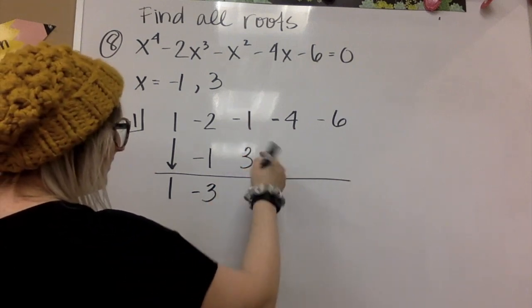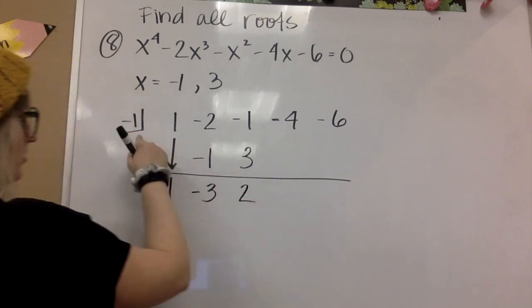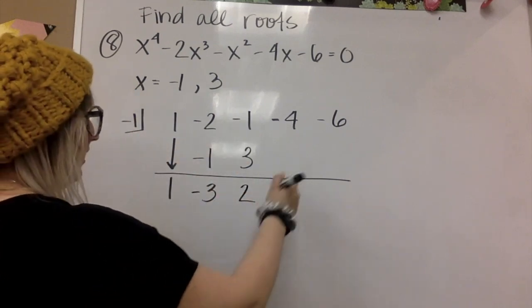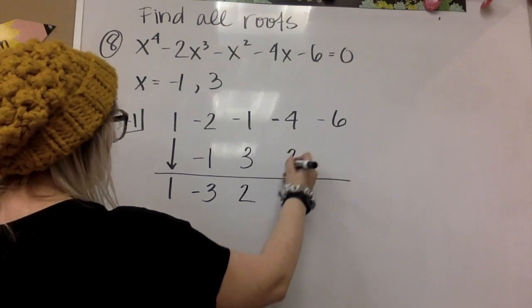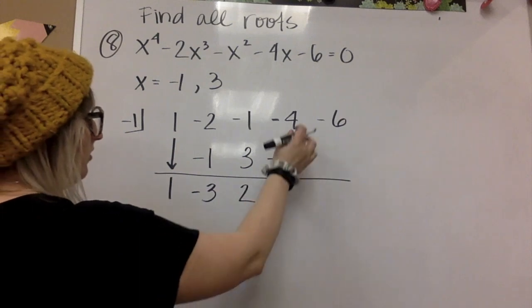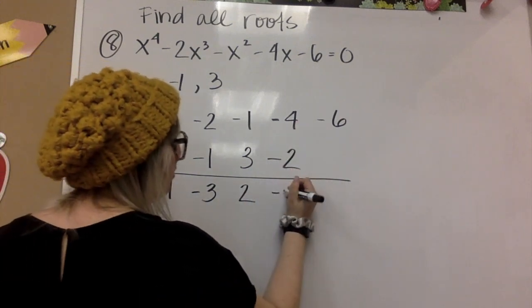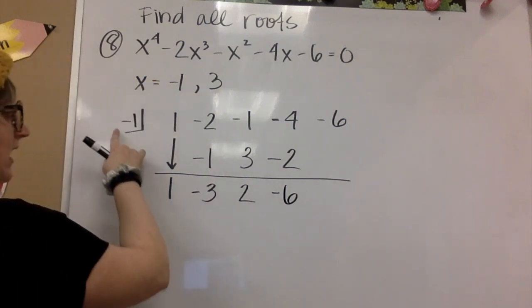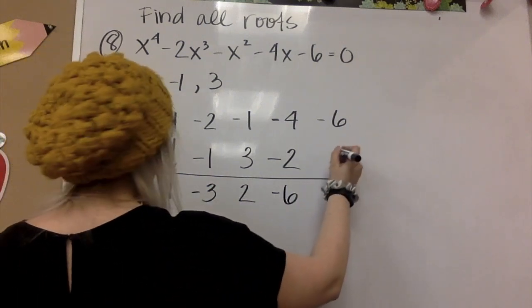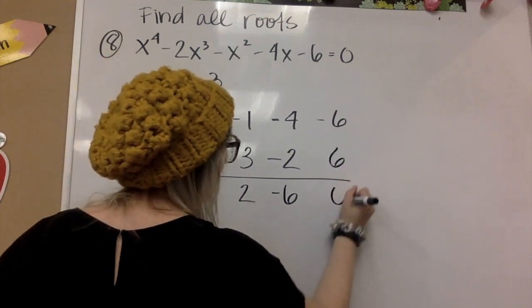Negative 1 plus positive 3 is 2. 2 times negative 1 is negative 2. Negative 4 and negative 2 gets you negative 6. Negative 6 times negative 1 is positive 6. And negative 6 and 6 gets me 0.